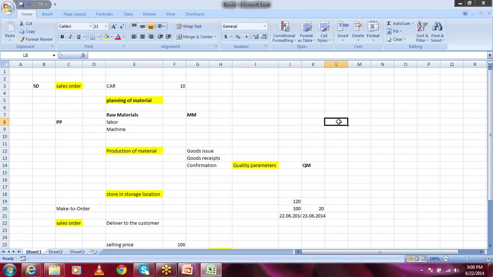From the SOP flow you get the forecast values, which are nothing but PIRs. Once you get the planned independent requirements, you do the MRP run.